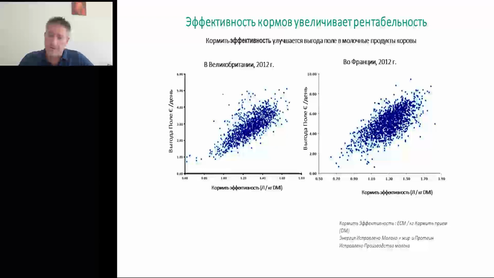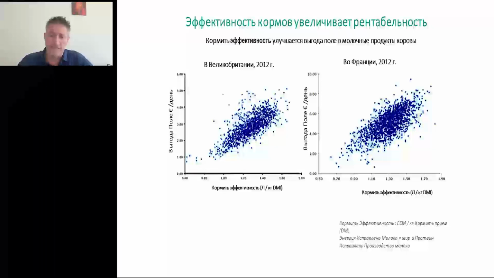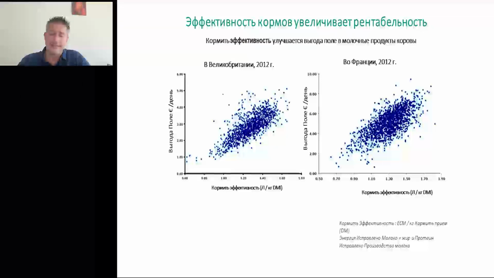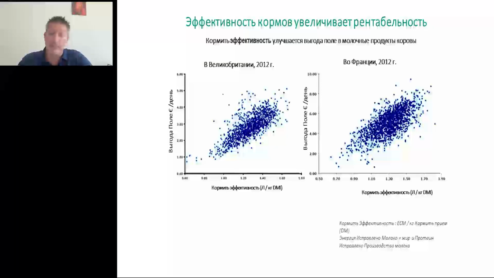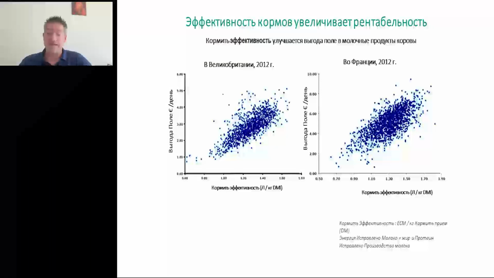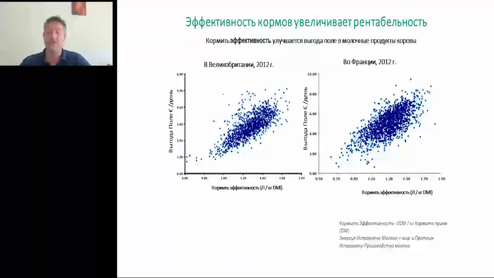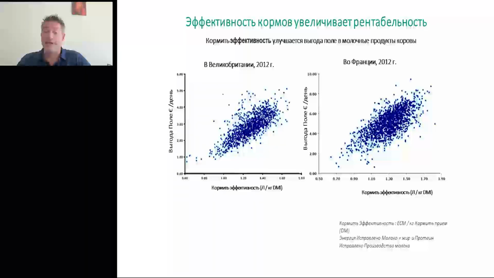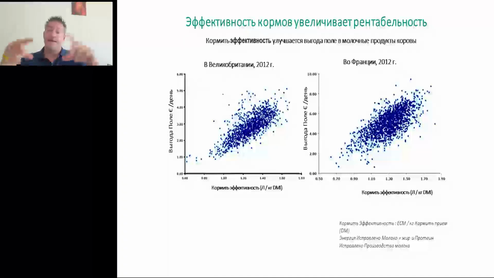In this graph, it's very easy to see, with this meta-analysis, it is an old study, but they show that feed efficiency always improves the profit margin due to a feed cost reduction to have 1 liter of milk per day. When feed efficiency increases, the profit margin in euro per day also increases.